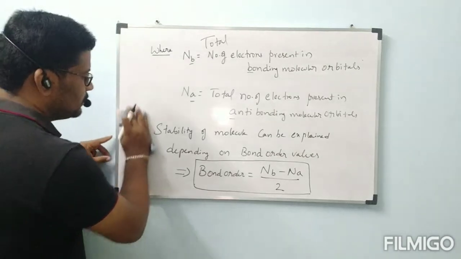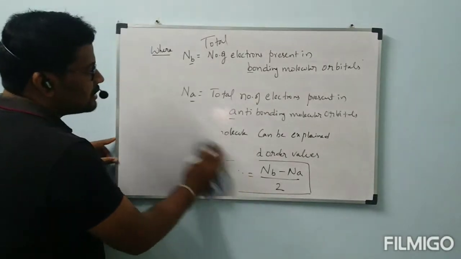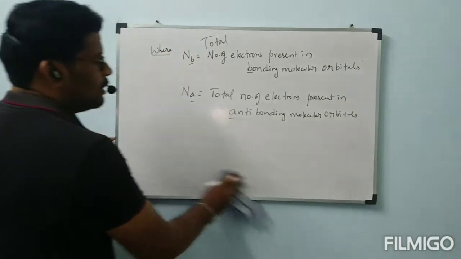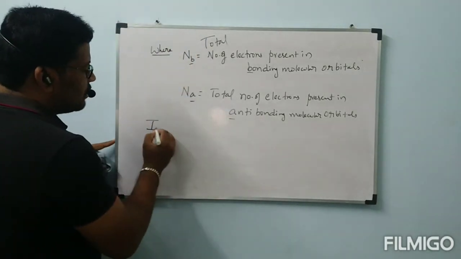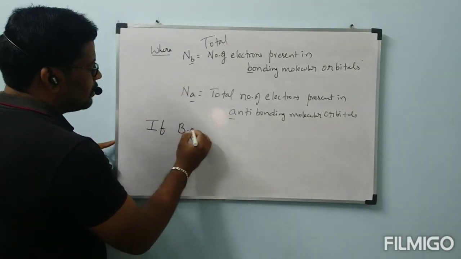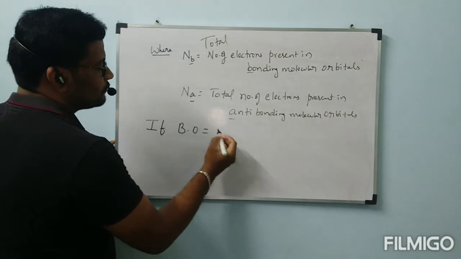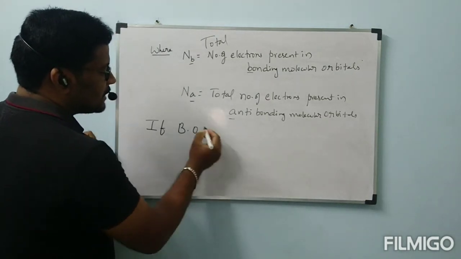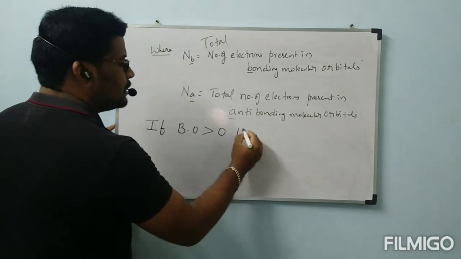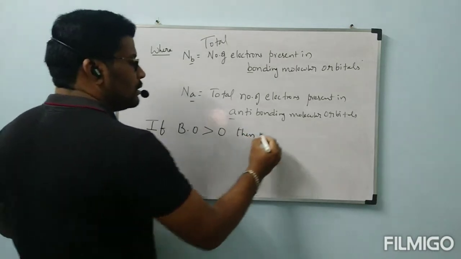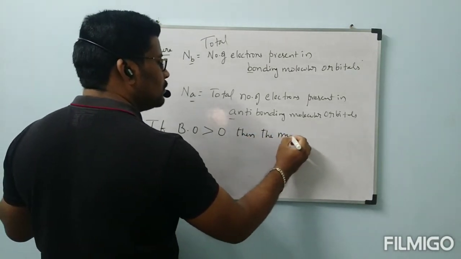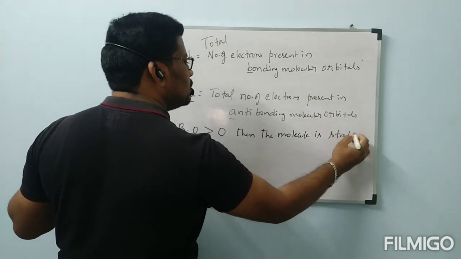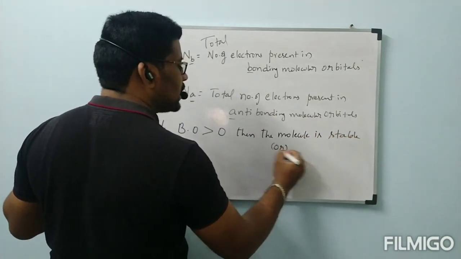Okay, now the entire thing is coming on the second point only. If bond order is greater than 0, then the molecule is stable or existed.